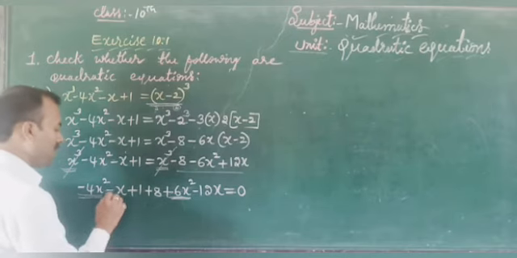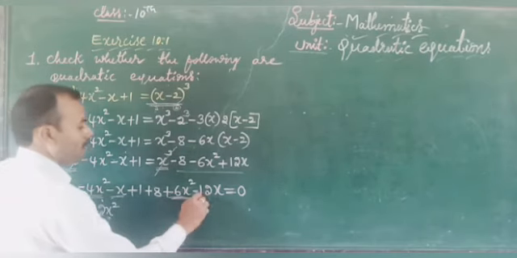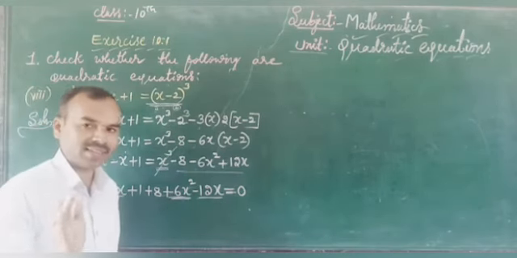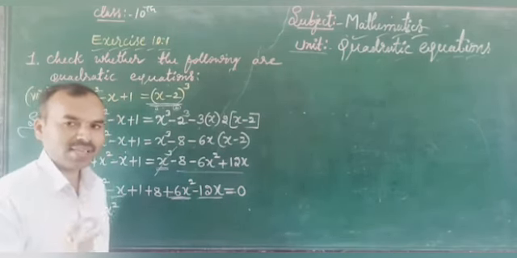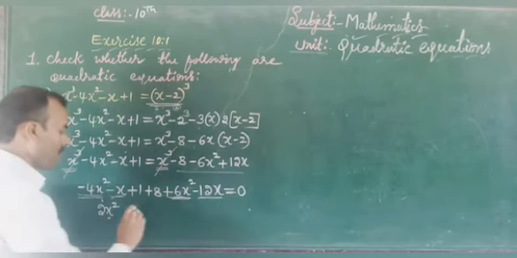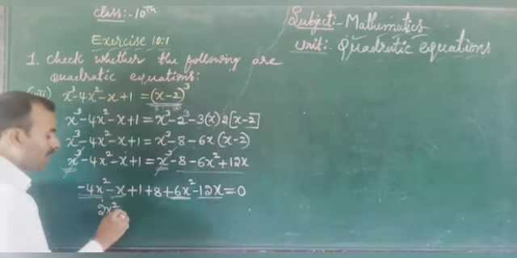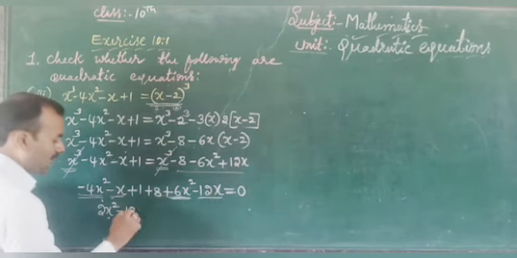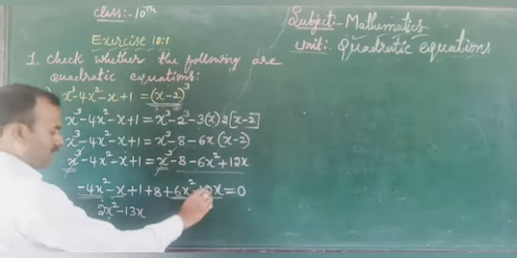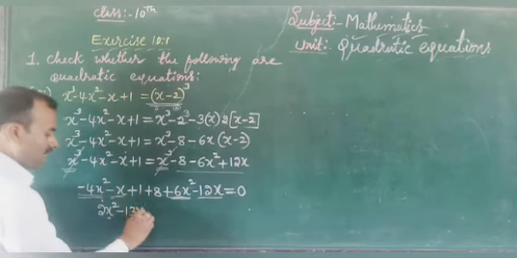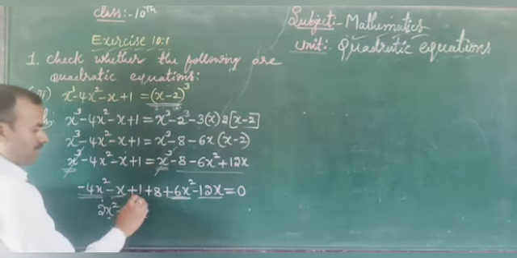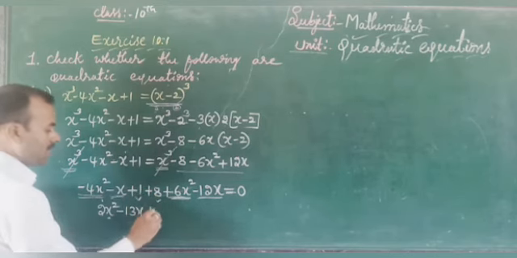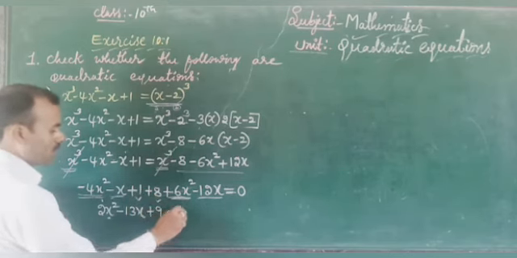Next, minus x and minus 12x. These two terms are like terms. Minus x and minus 12x we have to add, but write the same sign, minus 13x. Next, plus 1 and plus 8 is plus 9 equals 0.